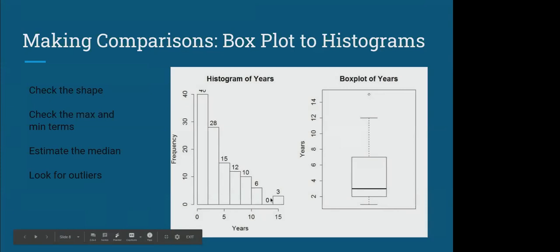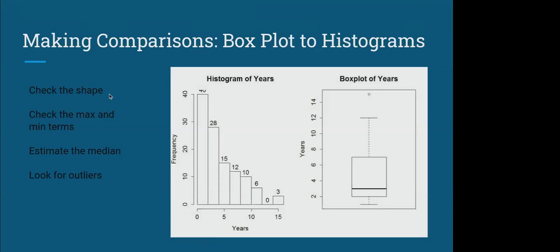And then we have this sitting out here at 14 to 16, that's considered an outlier, because it lies outside of the main body of the data. So in our box plot, now let's look for those things. Well, maybe we can't determine the shape yet. So we're going to leave that for a minute.